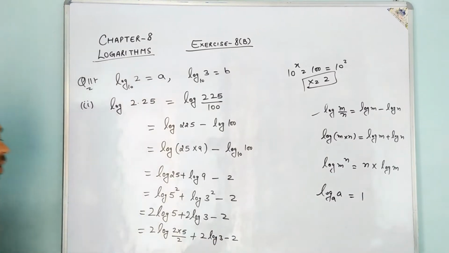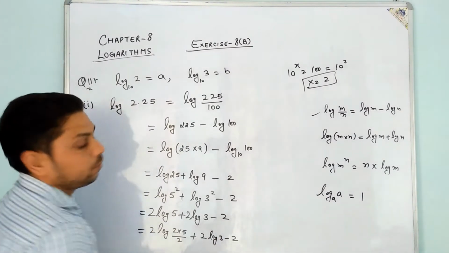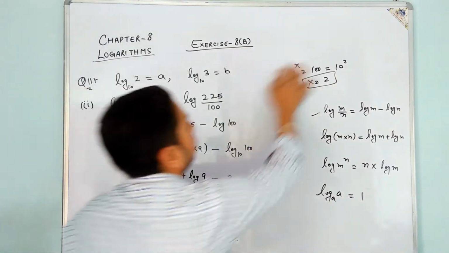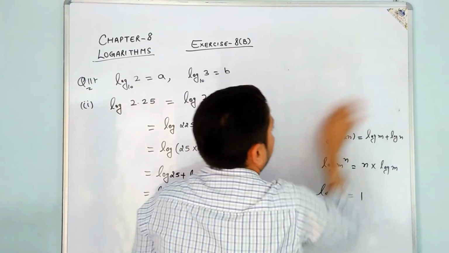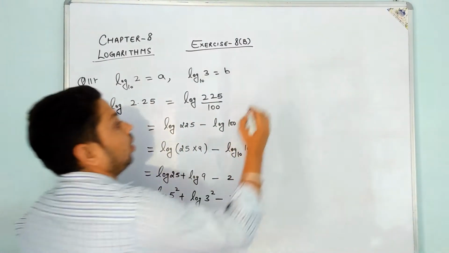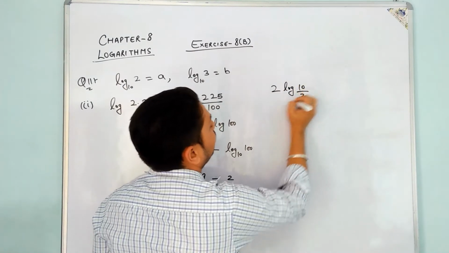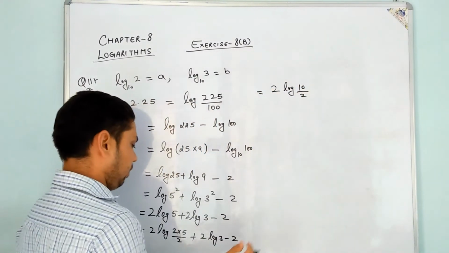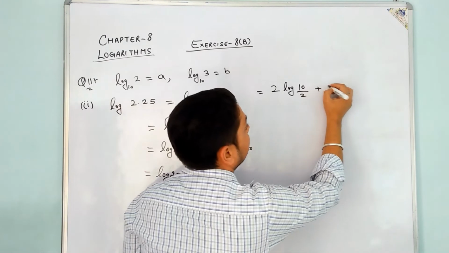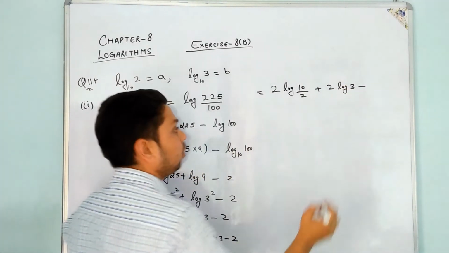So this gives twice log of 10 over 2 plus twice log of 3 minus 2.